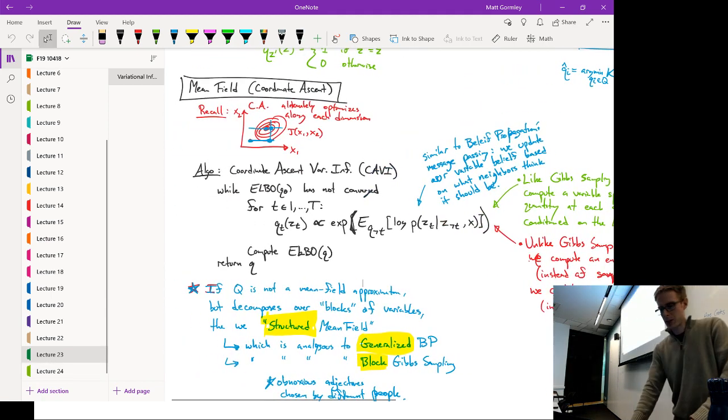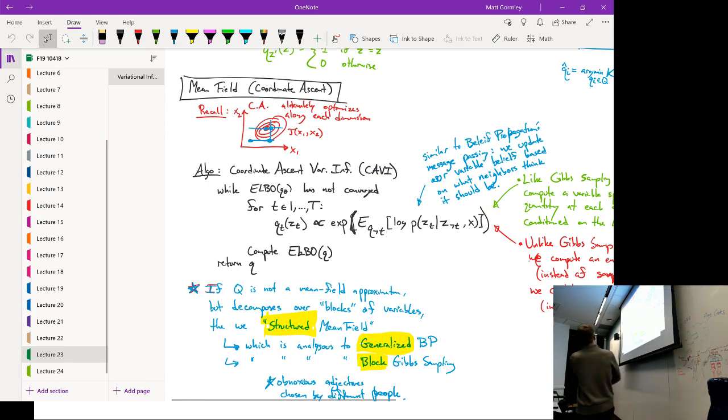So this is what we were saying about coordinate ascent variational inference. We said that the algorithm is going to proceed by iterating through each variable. So we said we have T variables. And while the ELBO has not converged, we're going to make an update to that q_t of z_t, which is to set it proportional to the exponential of an expectation of the log of the probability of z_t given all the other variables. So the inner term, that log probability, should look really familiar.